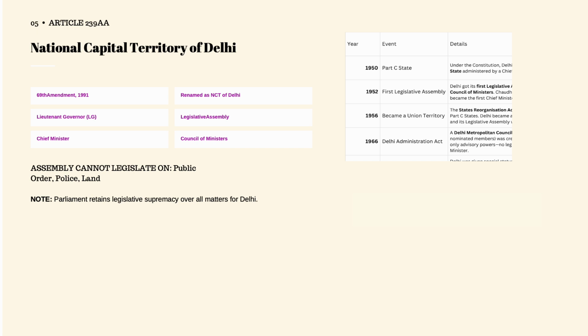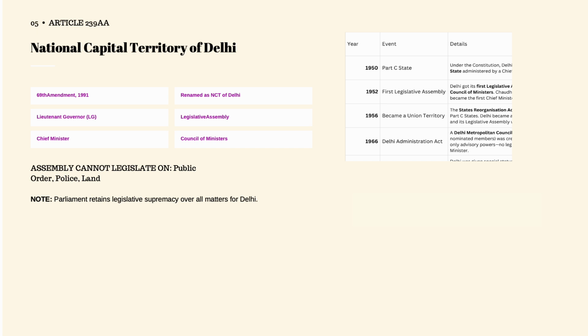And a very important note: the Parliament retains legislative supremacy over all matters for Delhi. Legislative supremacy means that in the state, every time a bill becomes an act, the sole power rests in the hands of the state government. We have the state list, we have the union list, right?